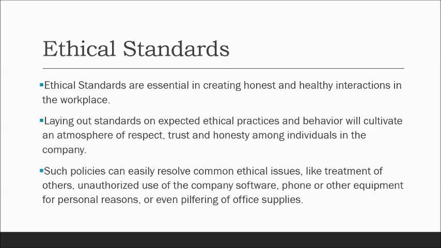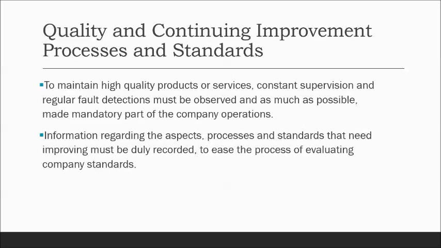Okay? Quality and continuing improvement process and standards. Now, to maintain high quality products or services, constant supervision and regular fault detections must be observed and as much as possible made a mandatory part of the company operations. Very applicable to, say for example, Coca-Cola. Right? The Coca-Cola company, their product is Coke, what else, drinks, the beverages.